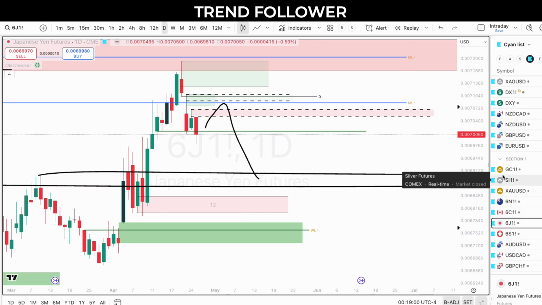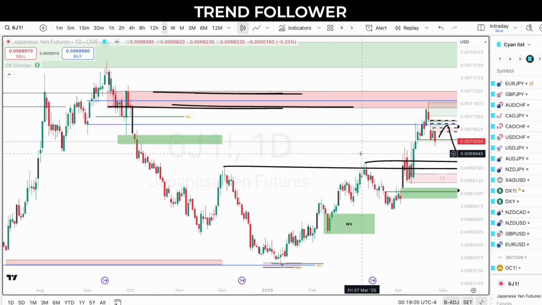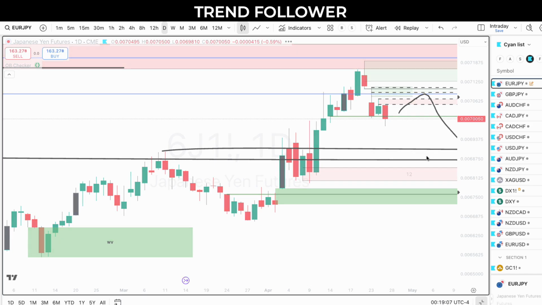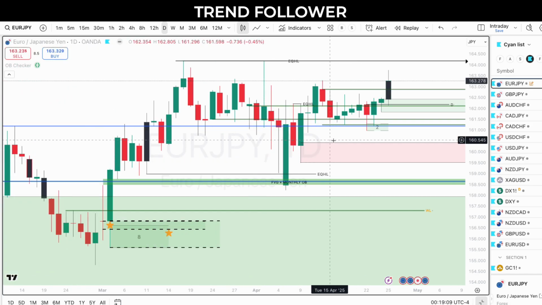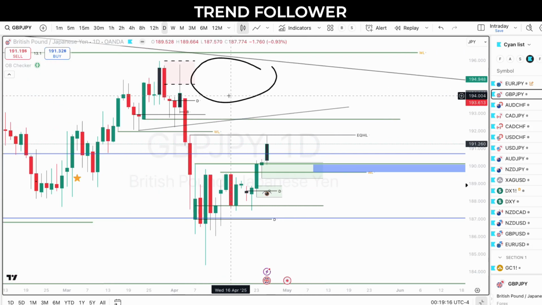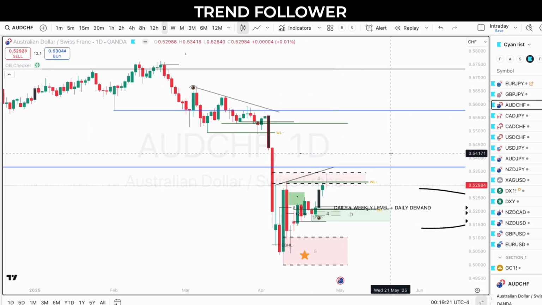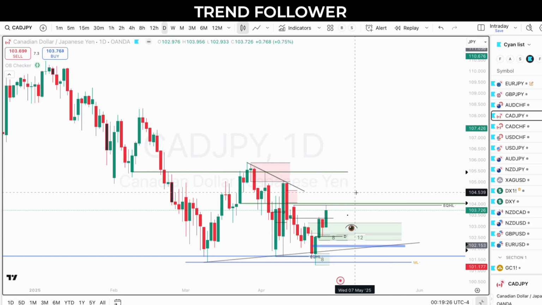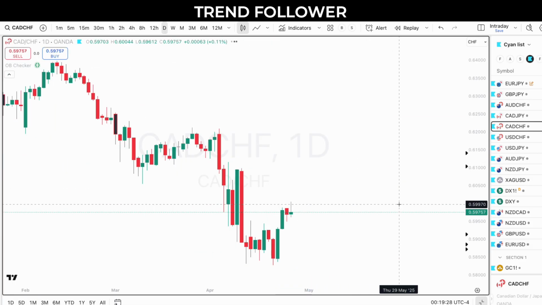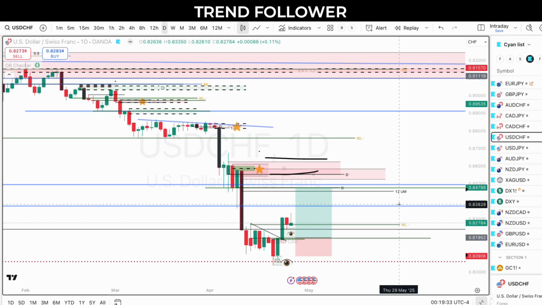The second important thing which I wanted to show, I will just quickly go over those, is if you look at the CHF and JPY pairs, Euro JPY equal high here, GBP JPY equal high here, or Australian dollar CHF, I don't see anything, CAD CHF equal high here, CAD JPY, sorry, CAD CHF I don't see.